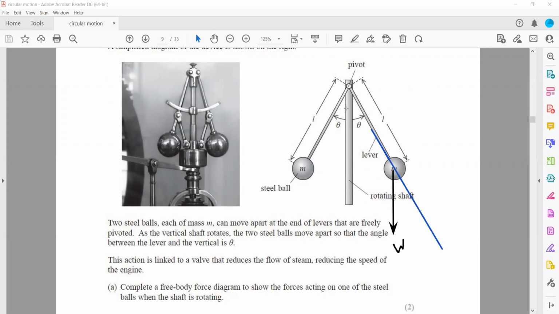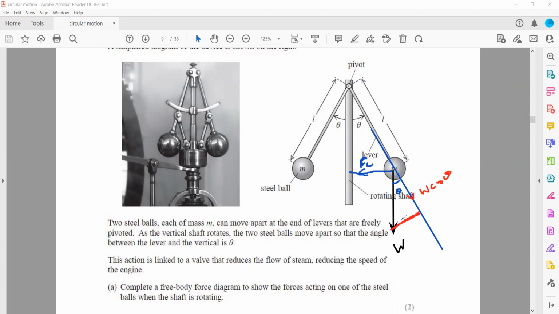As we continue the line, this angle will be theta. The centripetal force is the one which is acting toward the center. So there will be a component of the weight which is responsible for centripetal force. So this is weight W, the component of the weight which is with the angle, that is W cos theta.